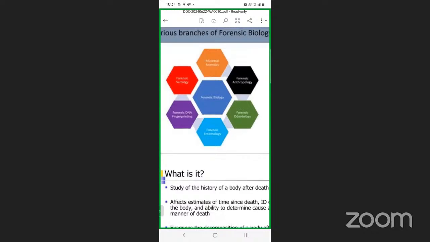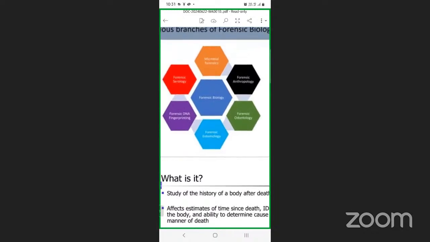Other than this, to calculate the time of death of that body, we even follow microbial forensics, forensic anthropology, forensic odontology, forensic biology, forensic DNA fingerprinting, and forensic serology.